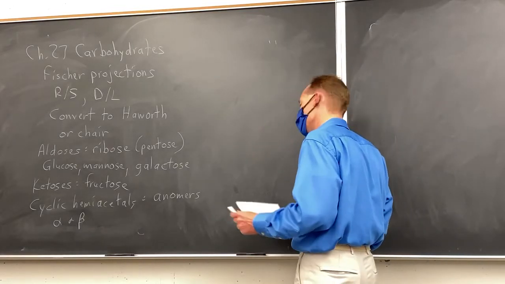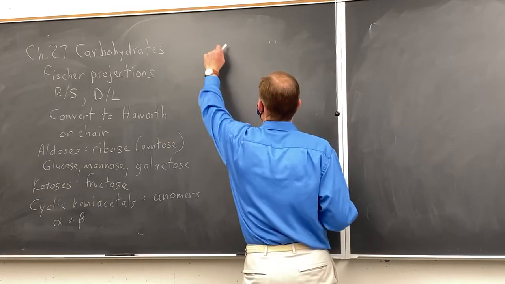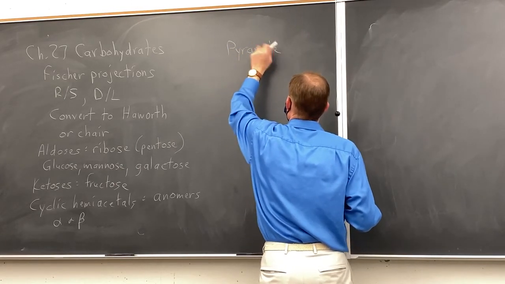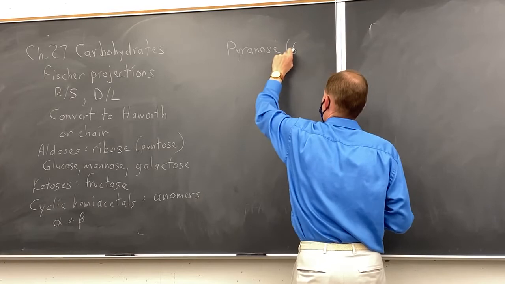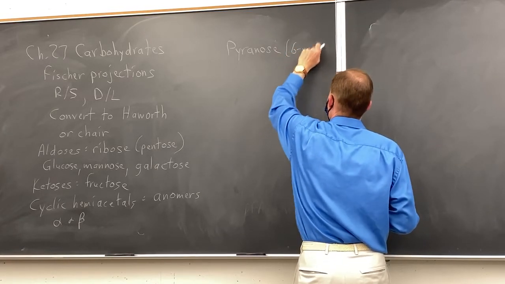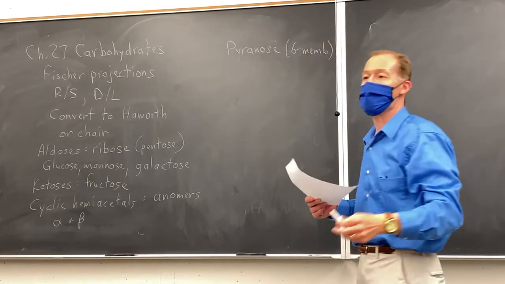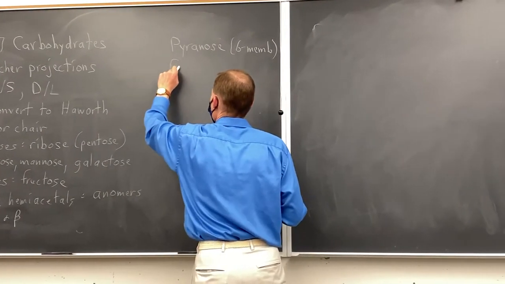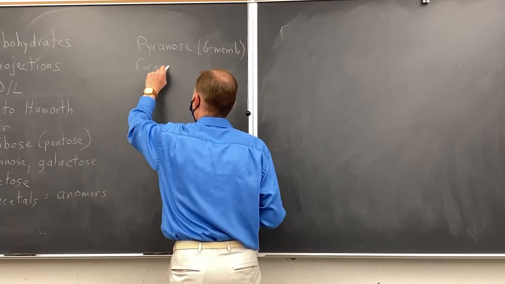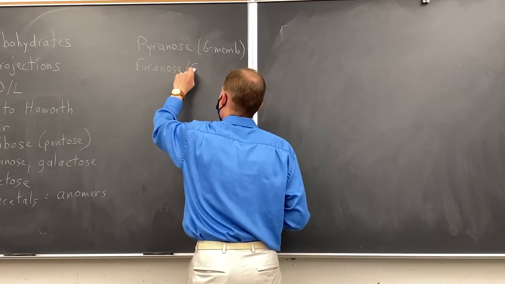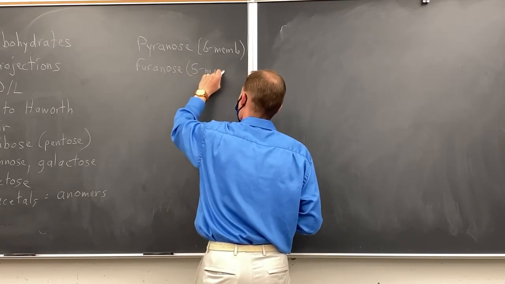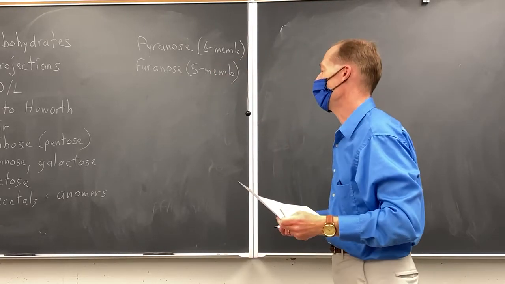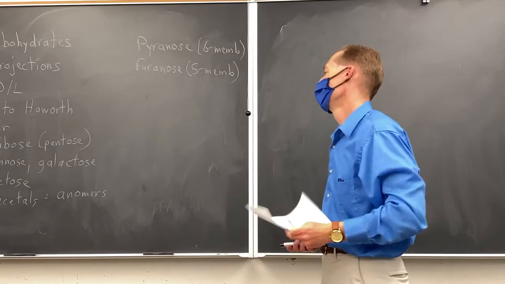And then, of course, there are two types of cyclic hemiacetals. We have the pyranose, being the six-membered rings. So those are the ones we see most frequently. But then we also have the furanose, the five-membered rings. And we see the furanoses most commonly with ketoses, such as fructose.